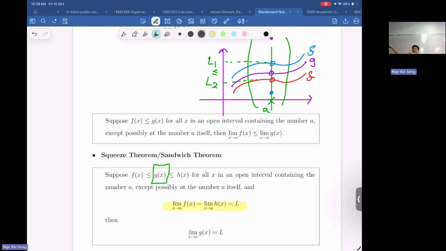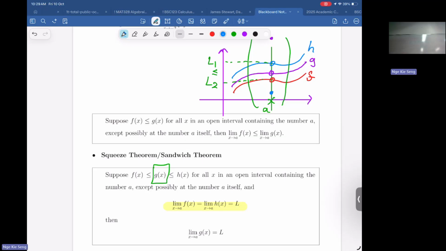L1 is the limit of f, right, when x goes to a. Why did I name it f? Which one is f? Okay, the top one should be h. So the limit of h is L1, the limit of f is L2, but what does the theorem say? These two numbers have to be the same. So what happened to that picture?